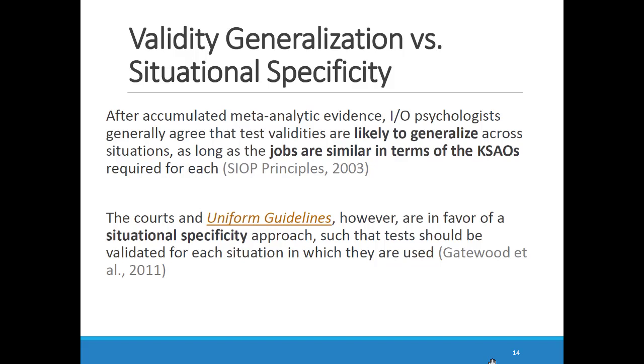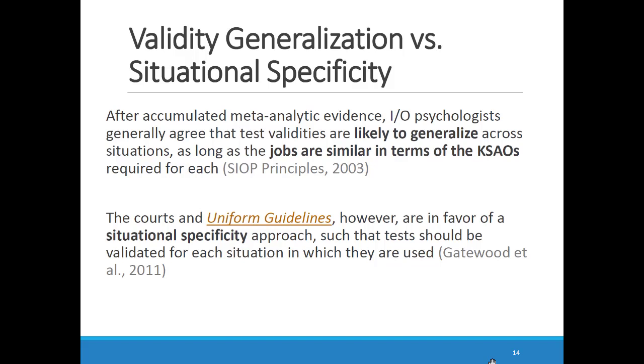However, the courts and the Uniform Guidelines, which I'll talk about in a moment, are in favor of a situational specificity approach, such that tests should be validated for each situation in which they are used. And we are going to get a lot more into legal implications for selection in the coming slides.